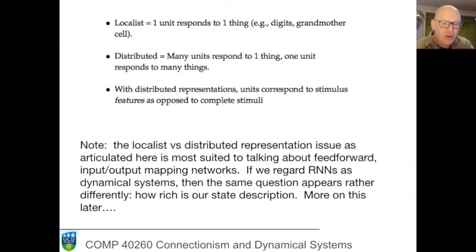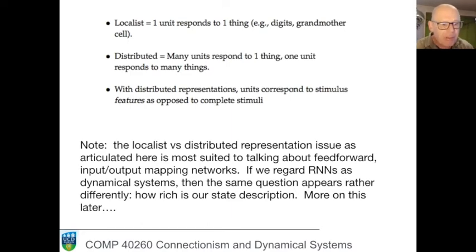When we encode some properties of the world using distributed representations, then each individual unit can be said to correspond to one featural dimension, or one feature of an element in the problem domain. It doesn't correspond to a whole entity or a thing.